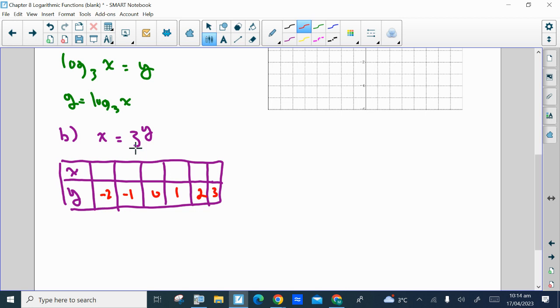For example, when y is negative 2, 3 to the negative 2 will be 1 over 3 squared, or 1 over 9. When y is negative 1, 3 to the negative 1 will be 1 over 3 to the positive 1. When y is 0, anything to the power 0 is 1. When y is 1, 3 to the 1 is 3, 3 squared is 9, 3 cubed is 27.